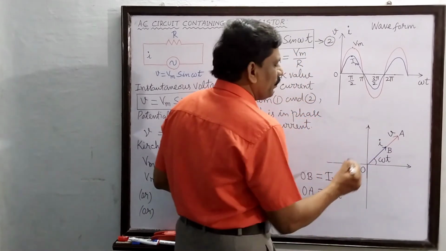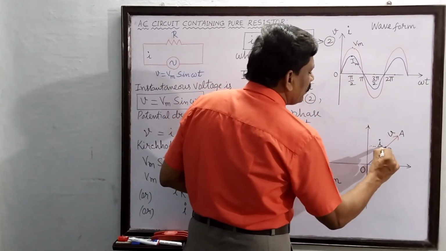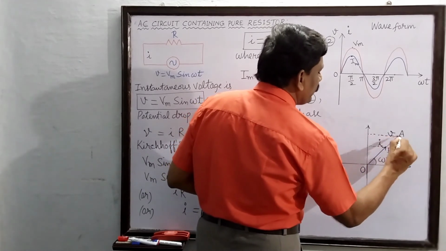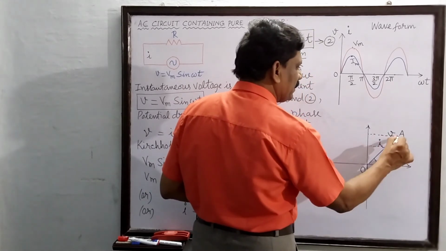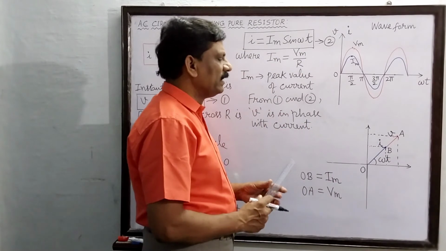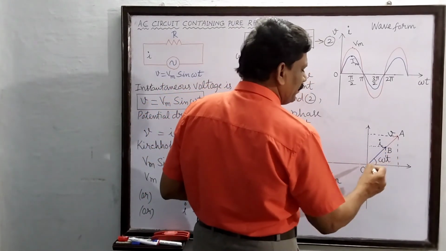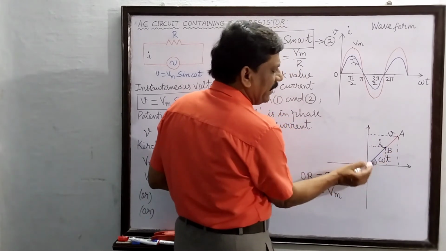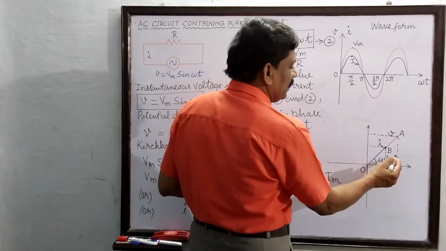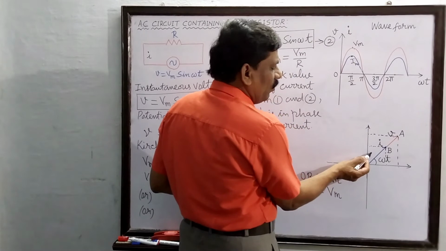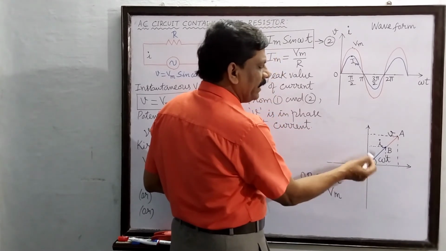Suppose if you project this on the y-axis as well as the x-axis, you see that this I maximum, OB, makes an angle omega t with the x-axis, and that is 90 minus omega t along the y-axis.